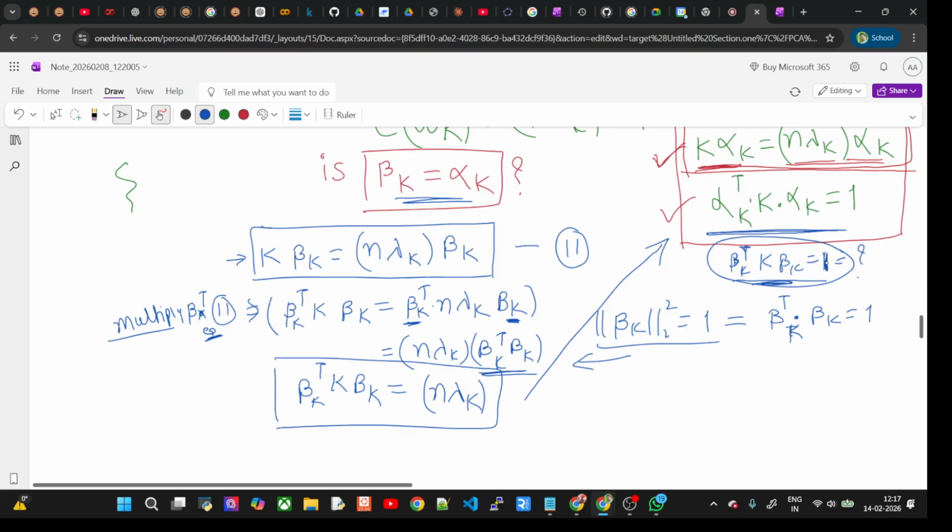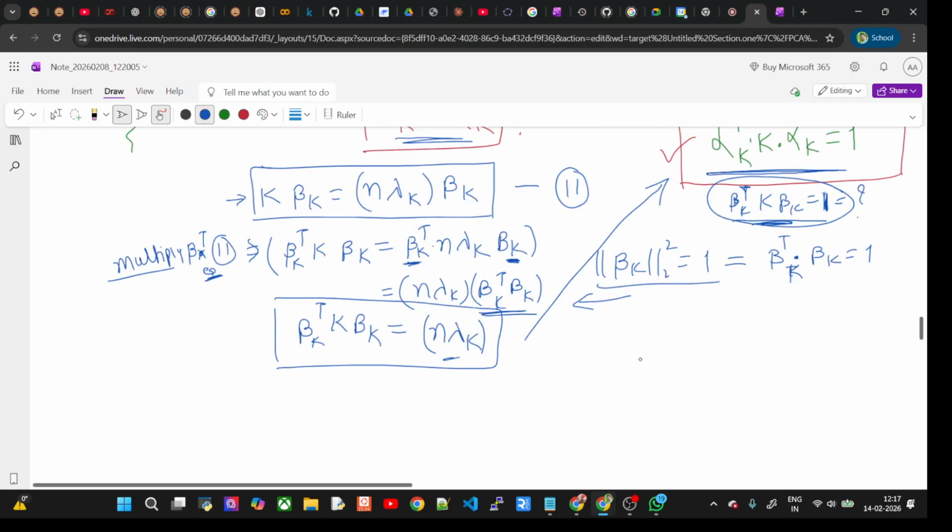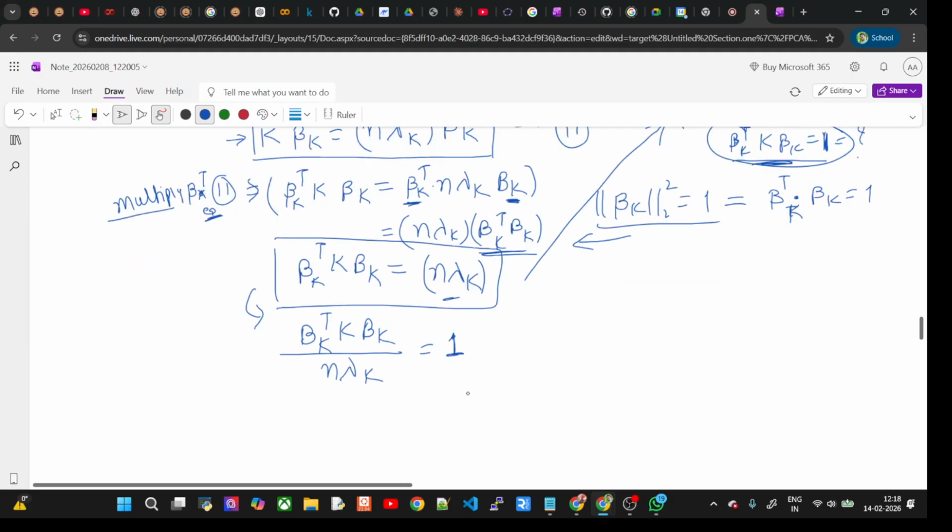But it's not coming as 1, it is coming as n into lambda k. So what we can do is rearrange: beta k transpose K into beta k divided by n lambda k equal to 1. We can do it like this.